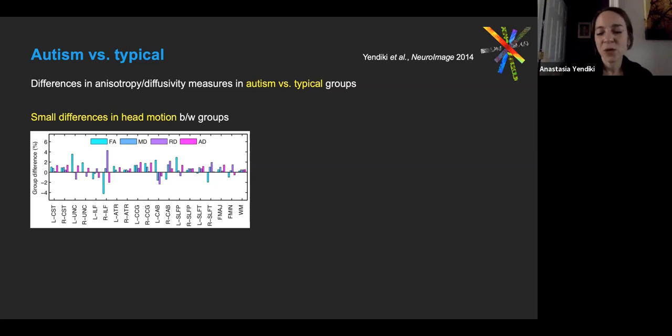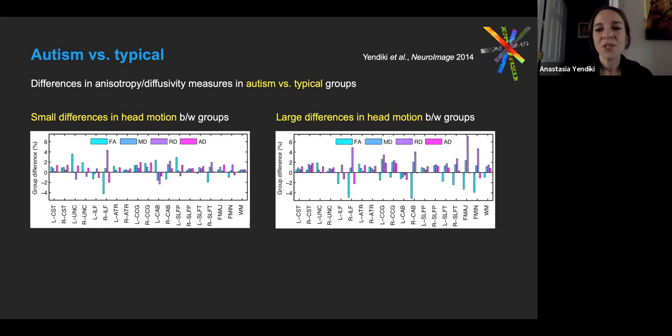In the cases where we were unlucky and happened to pick subjects where there was much more motion in one group than the other, we saw that these differences in anisotropy and diffusivity increased. Specifically, the differences in radial diffusivity went up, the differences in axial diffusivity went down, and the differences in fractional anisotropy went down.